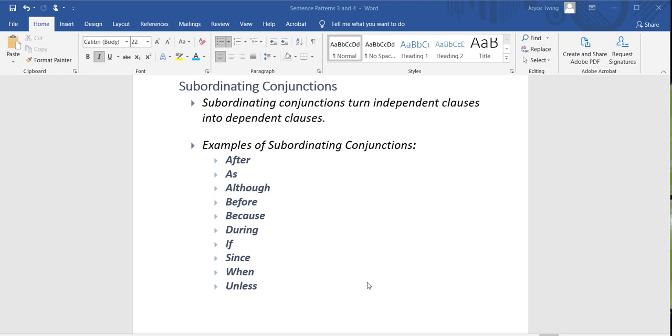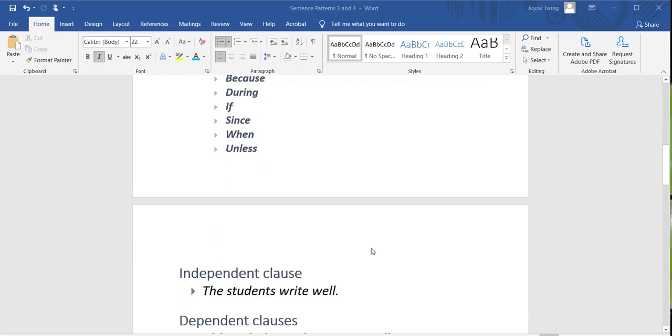Again, people write this sentence pattern often, but the most common error is forgetting the comma at the end of the dependent clause. So as you are typing sentences, if your sentences are starting with any of these words, and words like these is not an inclusive list, you need to be looking for where that clause ends and put a comma, and then you continue to the independent clause. So let's take a look.